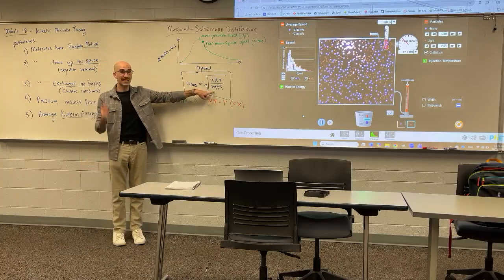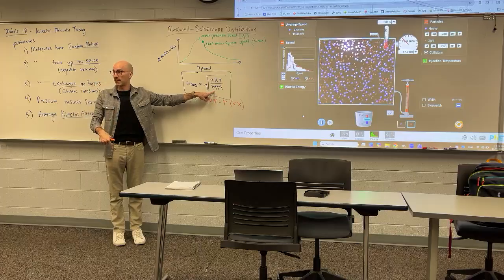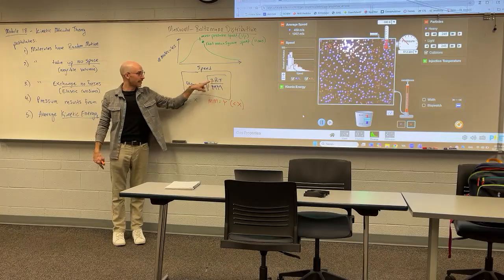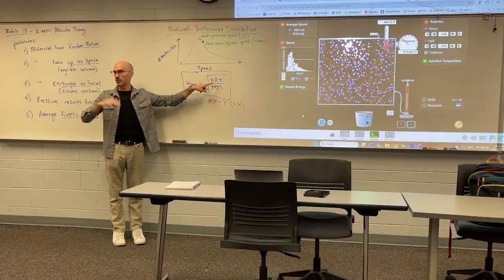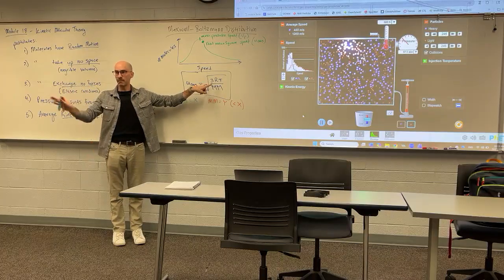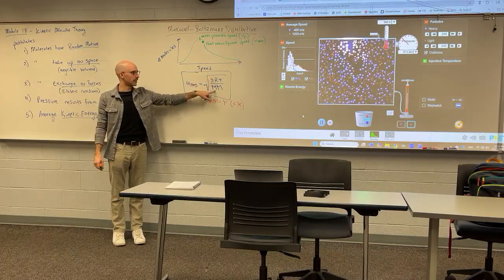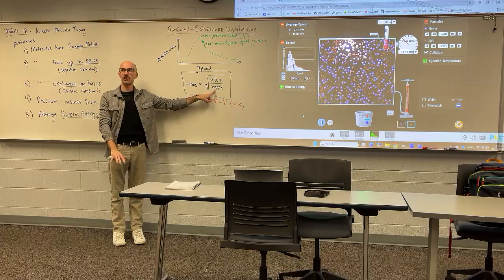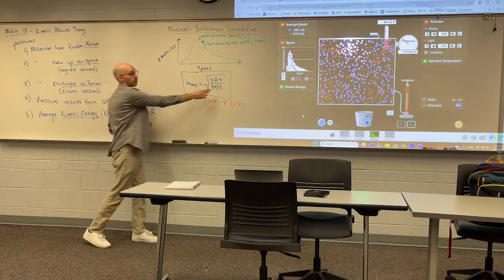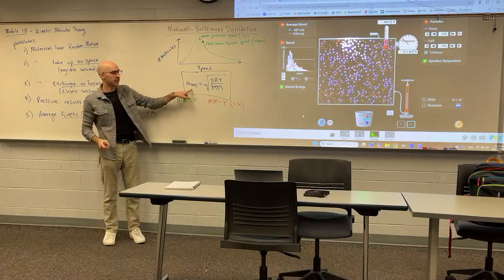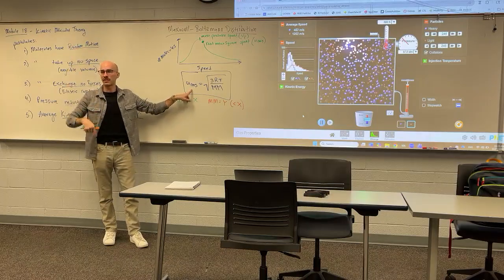If the molar mass is decreasing, then I divide these values, which are the same between the two at the same temperature, using these constants. All I'm doing is changing the molar mass. Does the root mean square increase or decrease?